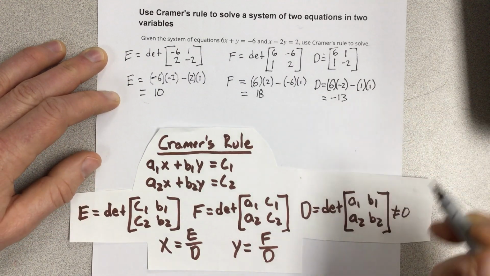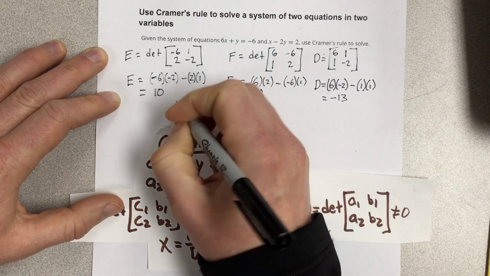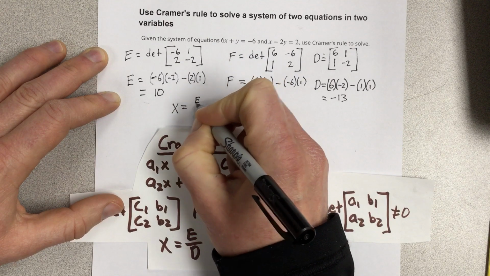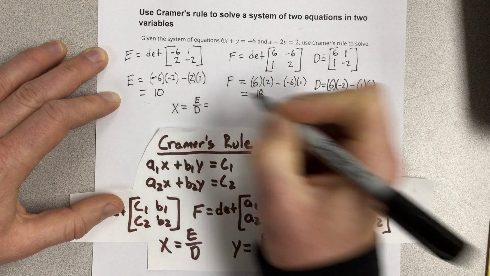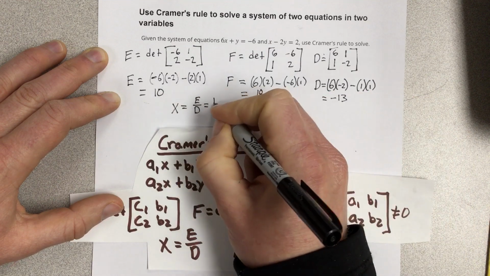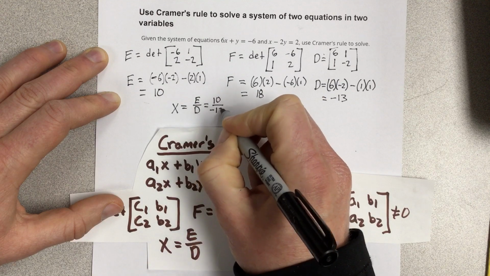And then we're going to go ahead and find x. So x is E over D. And E is going to be 10 over -13.